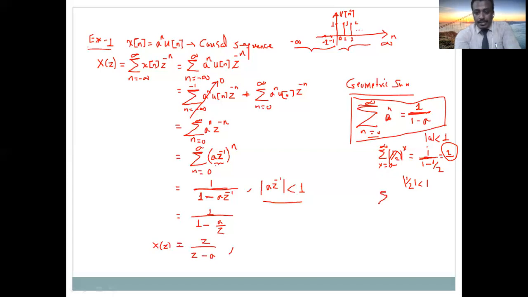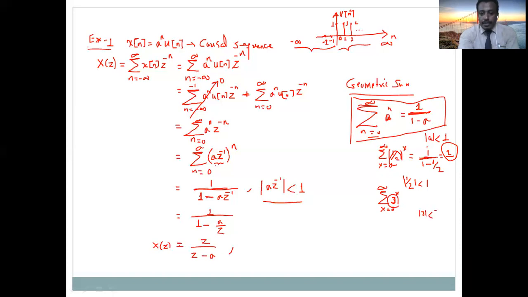How about the summation of this power series, x from 0 up to infinity, 3 to the power of x? Does this sequence converge or diverge? It diverges, because here you see 3 is greater than 1.